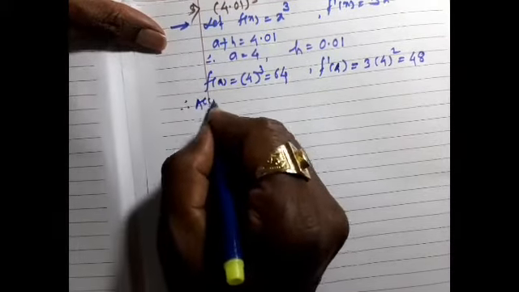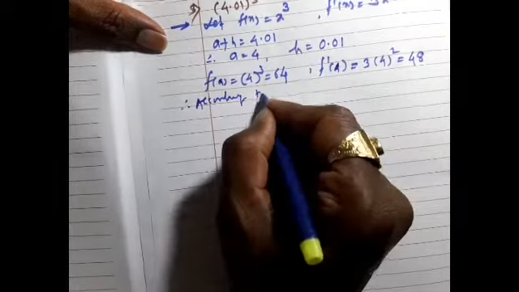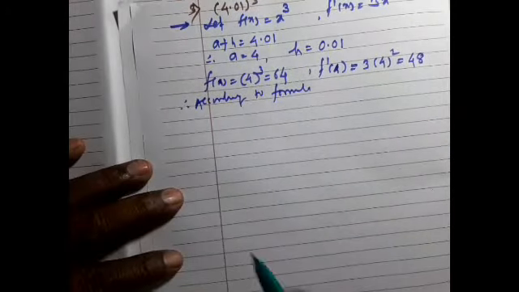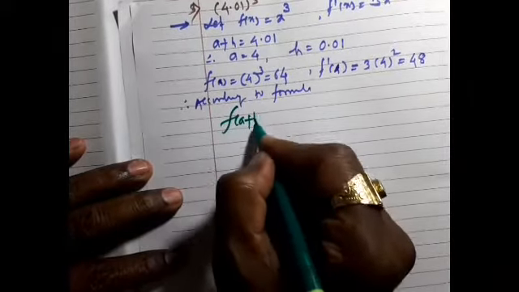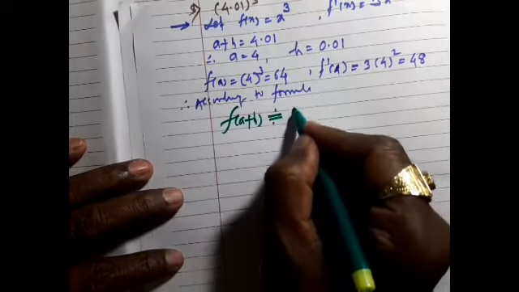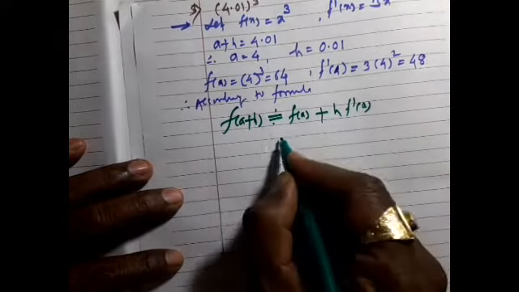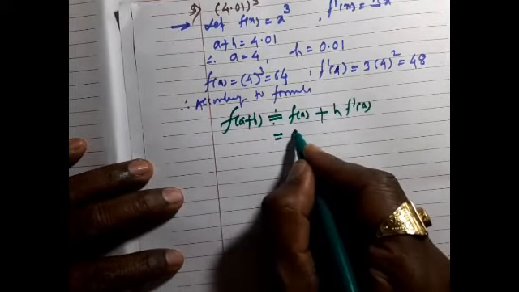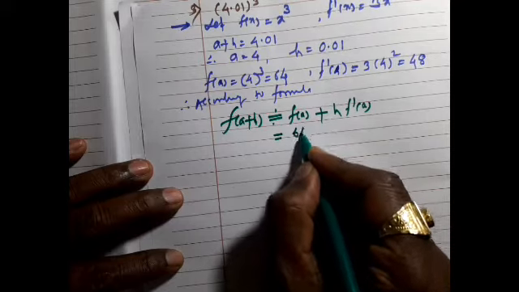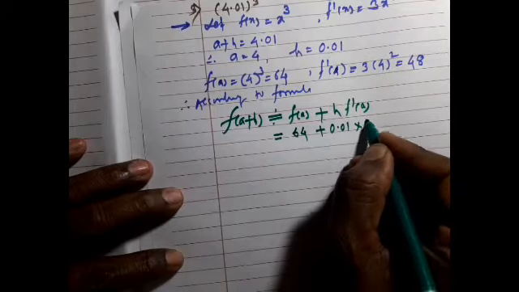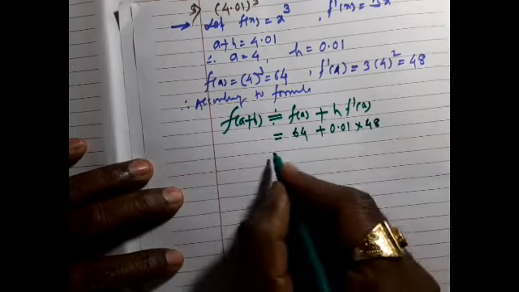So according to the formula, what is the formula? f of a plus h is approximately equal to f of a plus h f dash a. This is nothing but 64 plus 0.01 into 48.